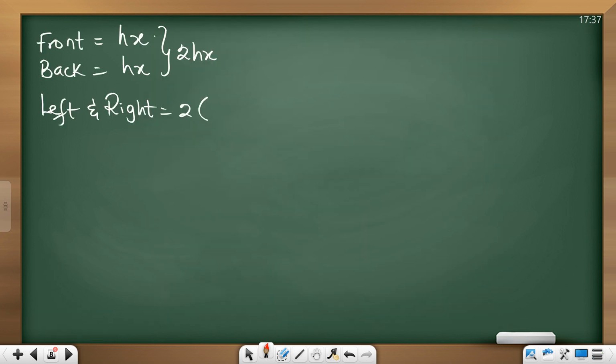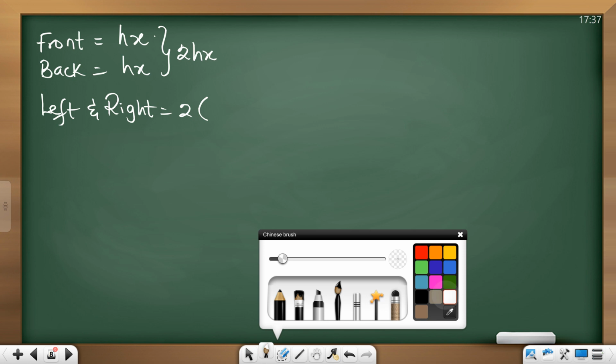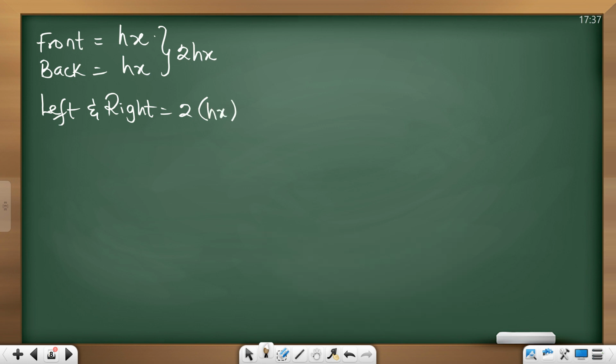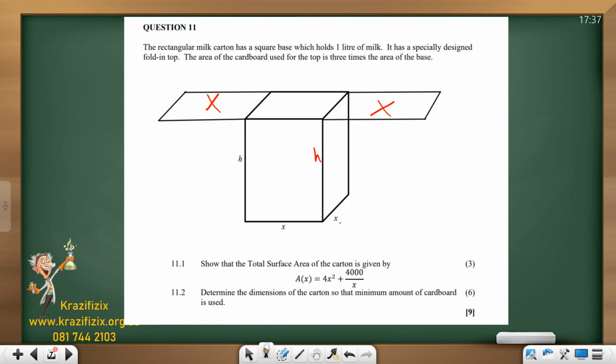HX. What do we have? 2HX. Already I know that that's giving me what? 4. Front, back, left, right. What's remaining? Top and bottom. Let's look at the top and bottom.